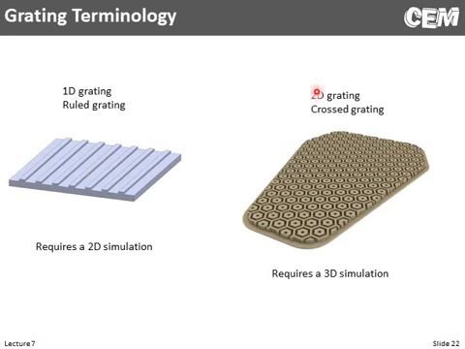If we move to what's called a 2D grating, because it's periodic in 2 dimensions now, we call it a crossed grating, and to model this requires a 3D simulation. So there's the potential for confusion in words. A 1D grating requires a 2D model. A 2D grating requires a 3D model. I try to avoid those terms because it's confusing. I just use ruled grating, crossed grating to avoid the confusion. But there are the words, and if you read the literature, you'll see that.